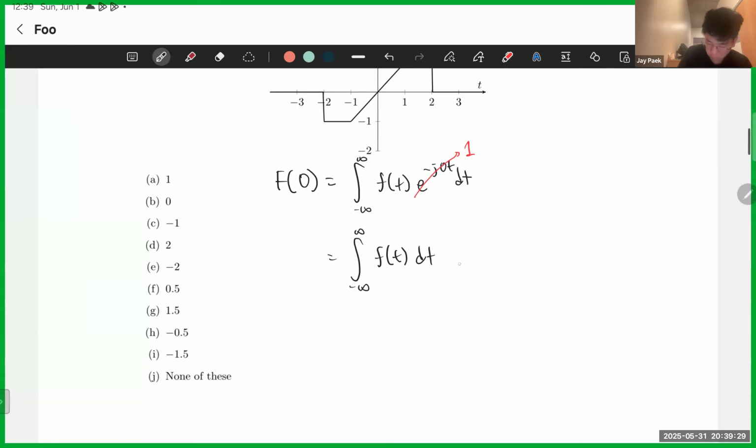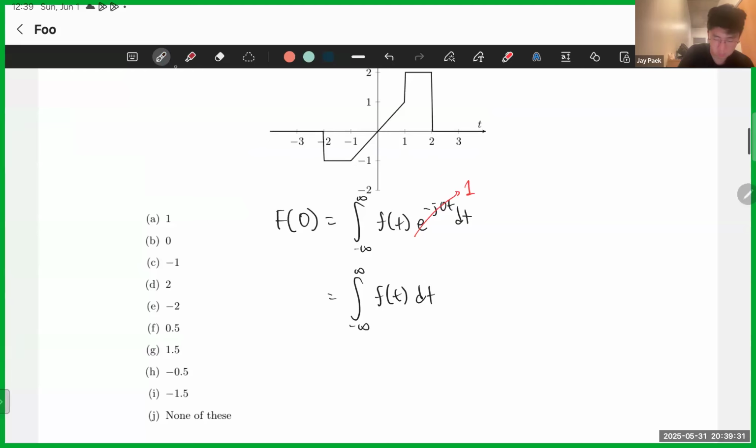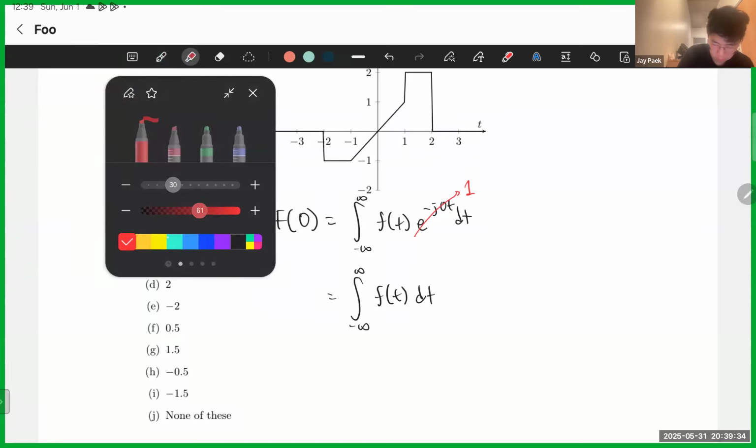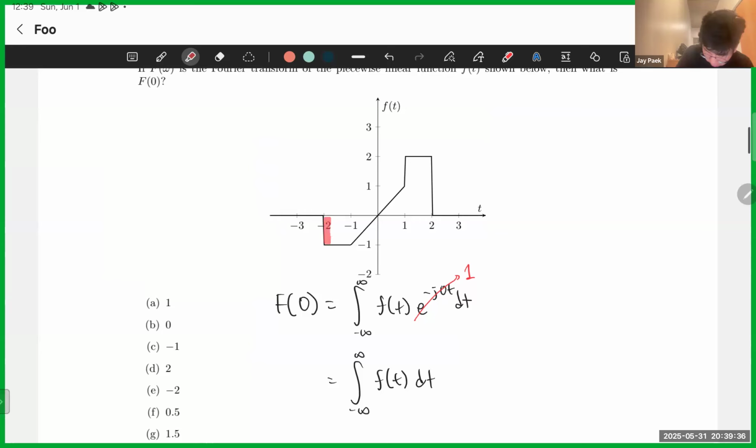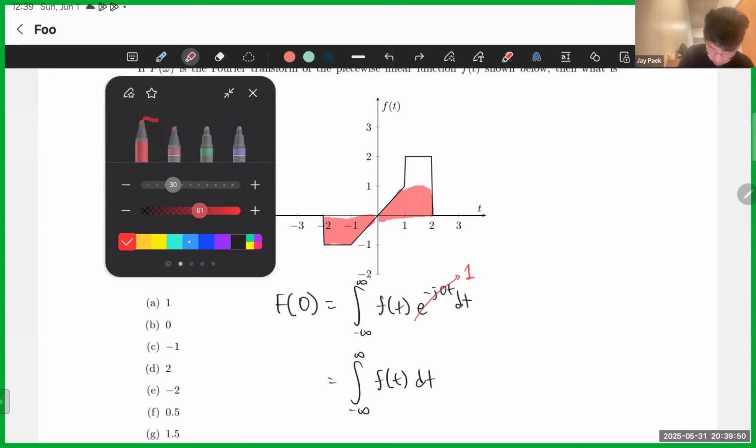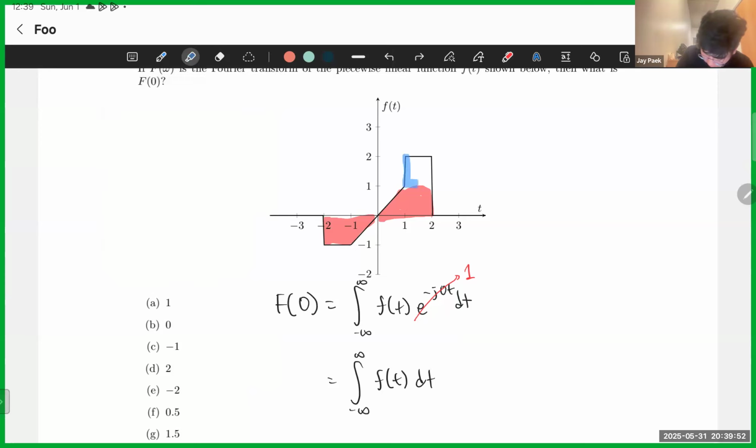And so let's just find this area. Well, realize that this area cancels out with this area. And so all we need to worry about is this area, which is exactly just 1. Voila. Perhaps I want to put everything as blue.